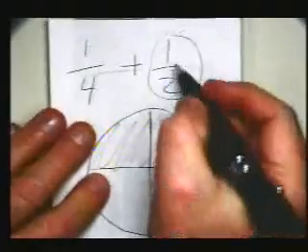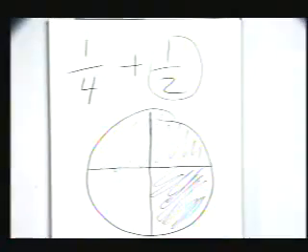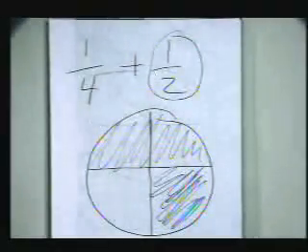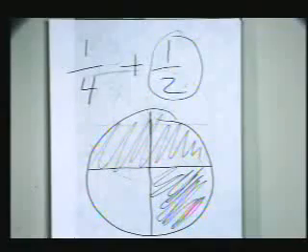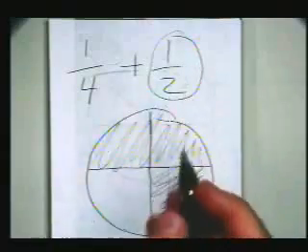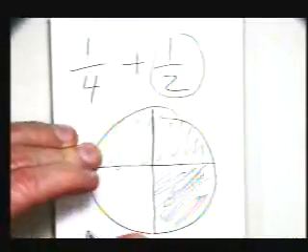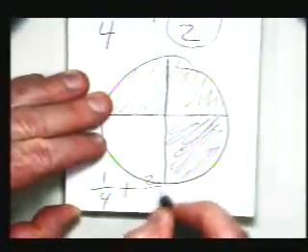And so we change 1/2 into fourths, and what do you get when you change 1/2 into fourths, Rachel? It's 2/4. Very good, 2/4. So now we can change this problem into 1/4 plus 2/4.